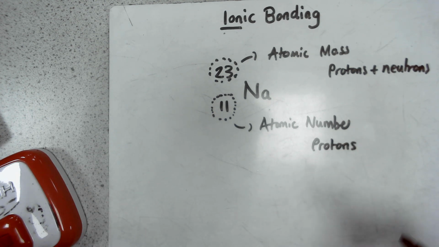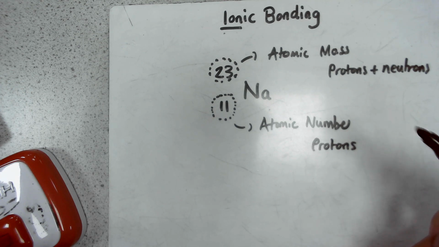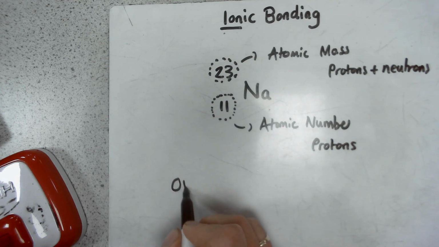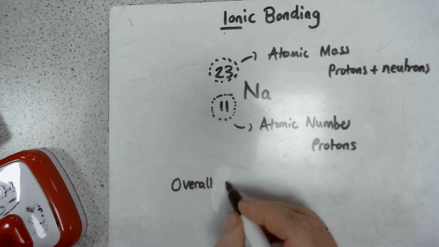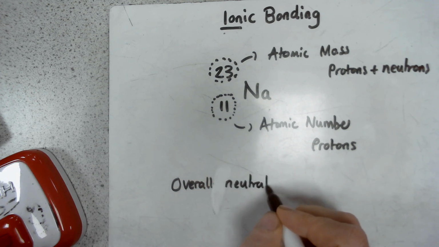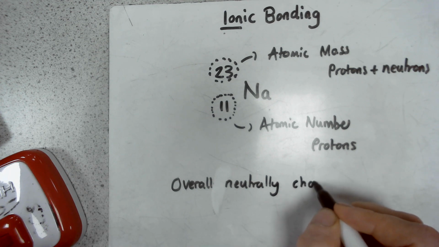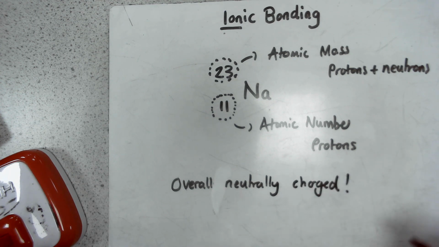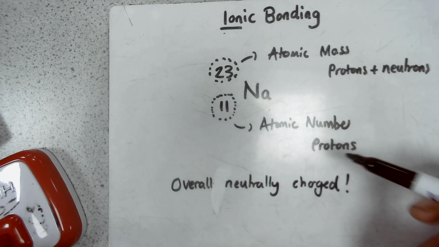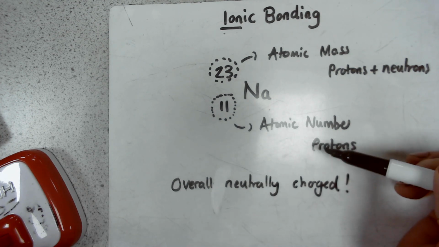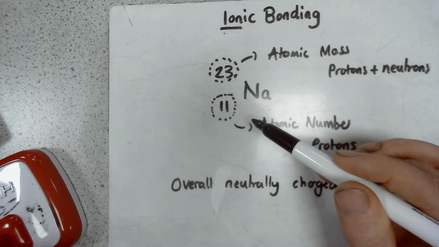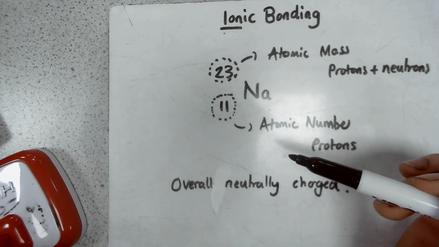Now, you might be thinking, well, we've not mentioned the electrons yet, but atoms are overall neutrally charged. Now if I've got, in this case, 11 positive protons, that means I must also have the same number of electrons. So I have 11 protons and 11 electrons in this case.